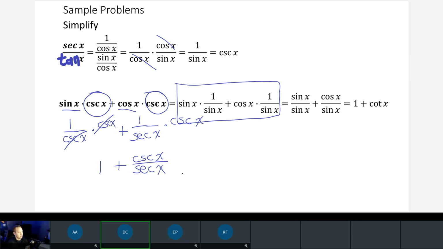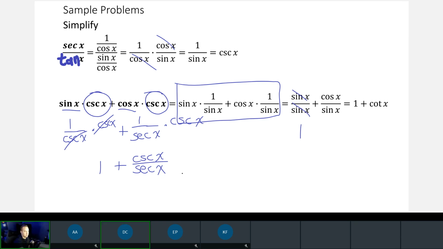Yeah, so then the sine x over sine x, that canceled out, and then we have the cosine x over sine x. And then how did you get 1 plus cotangent x? Yeah, so these cancel out. And so, for example, if it was like 5 divided by 5, what is that? 1. Yeah, and so sine of x divided by itself is also 1.